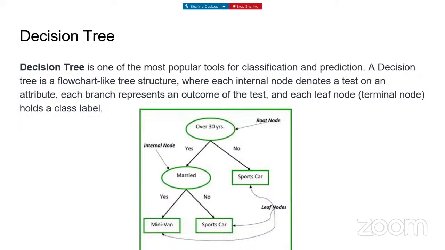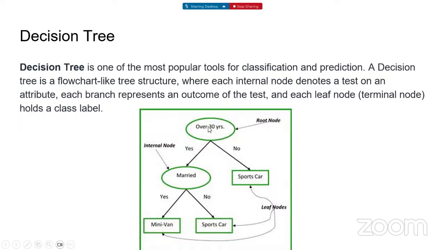Okay, so this is another very popular tool for classification, and at the end we will build a tree like this. You often see binary trees like this for decisions. This top node is called a root node, and all these nodes actually represent a feature.